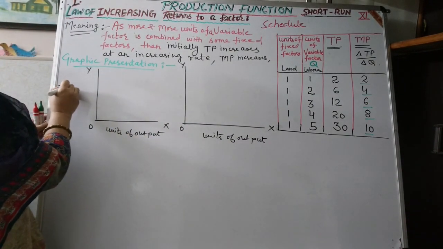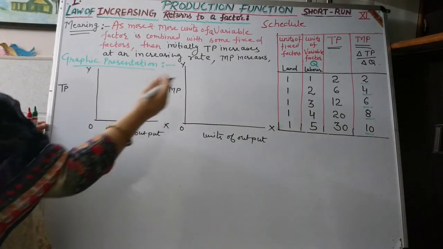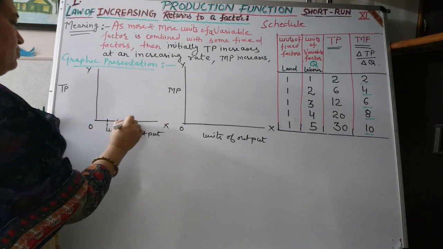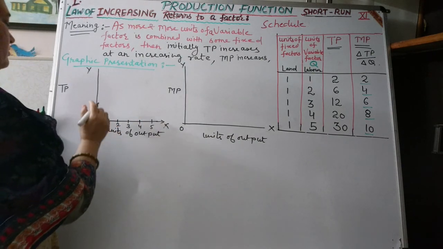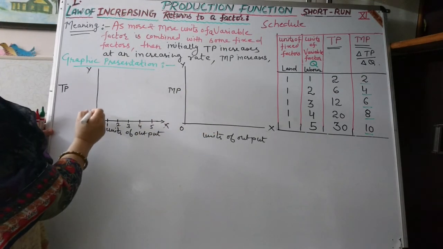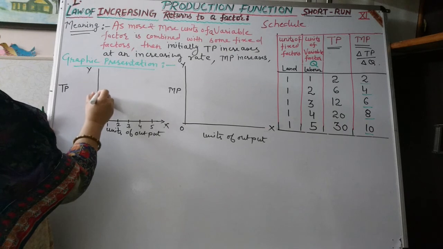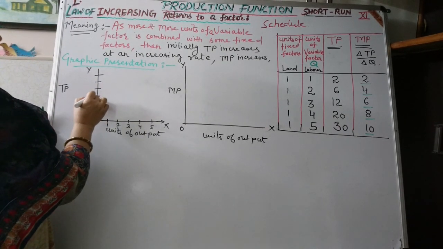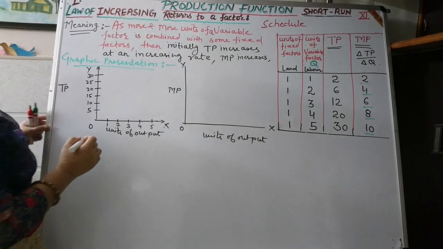Here we will take total production, and here marginal production. The values are units 1, 2, 3, 4, 5, 5 units in all, and total production, maximum 30: 5, 10, 15, 20, 25, and the last one is 30.